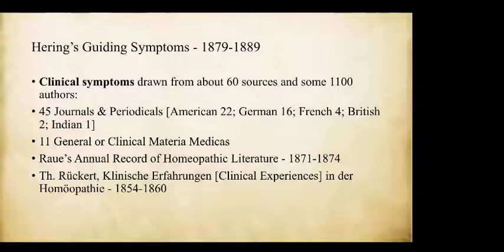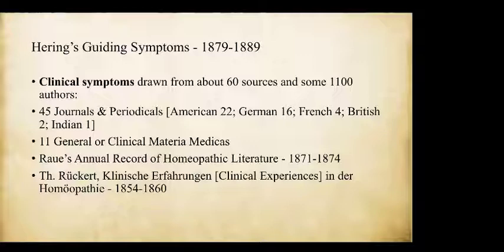His clinical symptoms and the Guiding Symptoms are drawn from about 60 sources and some 1,100 authors from various countries. 45 journals and periodicals I identified on the Guiding Symptoms in the introduction under the remedy. There it says who are the authors of the symptoms and where these symptoms can be found. 45 journals and periodicals. 22 American, German, of course, because Herring, Raue, Mohr, and Knerr were all German. So their German was perfect. French a little, British, and Indian.